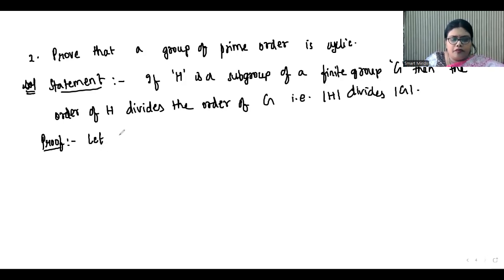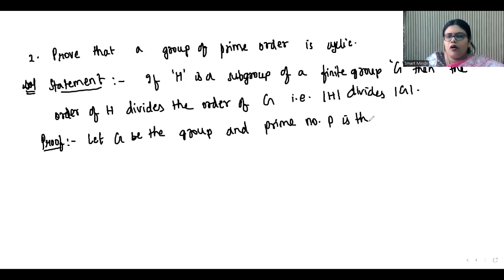Let's start the proof. Let G be the group and prime number P is the order of the group.